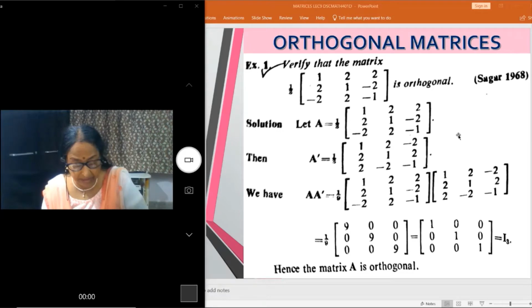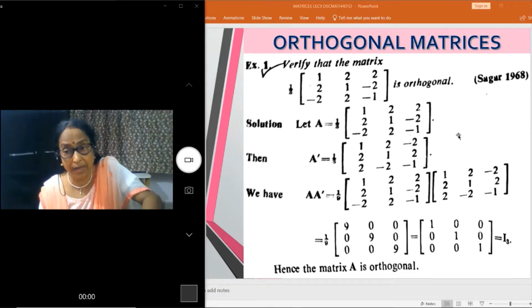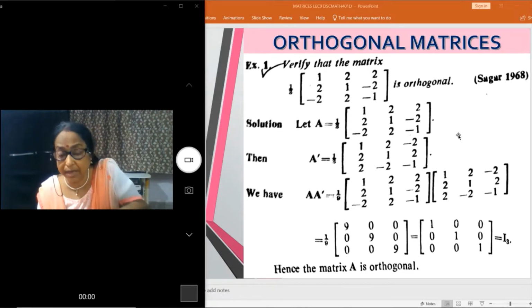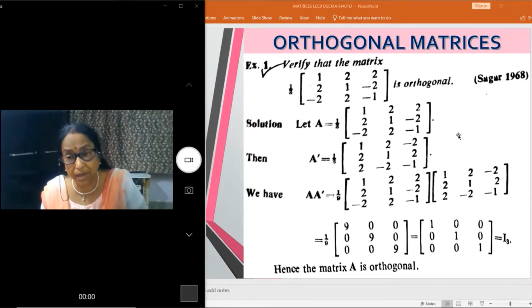And then taking the multiplication of A dash A, we find that its value is I, the identity matrix I3 of order three. So we prove that A dash A is equal to I. So A is an orthogonal matrix, proved.